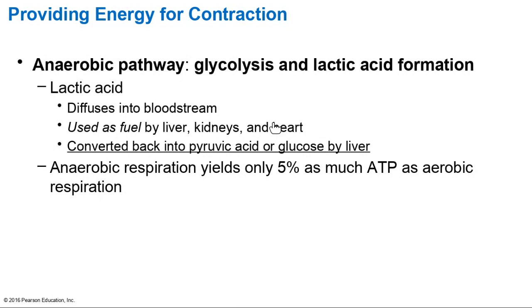Because we have to keep our heart going, right? Kidneys, liver. Remember that these organs can use lactic acid for energy, and then the liver is really good at something called gluconeogenesis, where it uses lactic acid to recreate or remake glucose, as well as pyruvic acid.